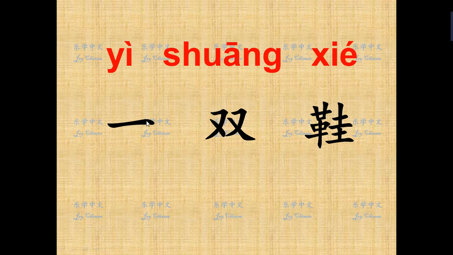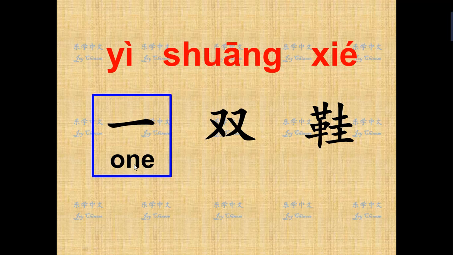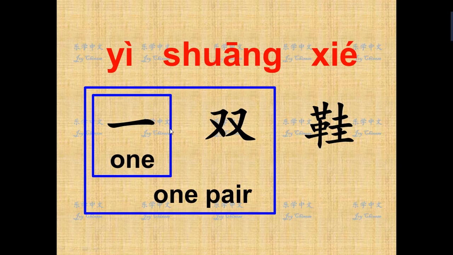When it's combined with a measure unit, it's pronounced as yi with the first tone. So this means pair. So 一双 means one pair of something.